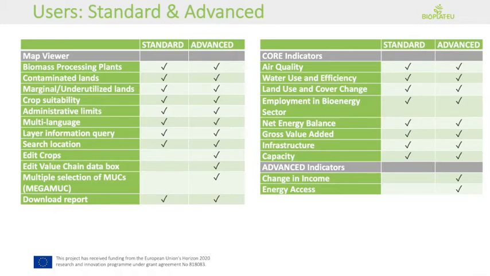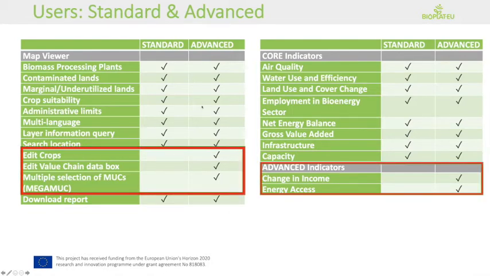The standard user has access to visualize all the layers, consult spatial information, and calculate the core indicators. The advanced user requires registration, inherits the characteristics of the standard user, and in addition is able to edit values of the value chain database, edit custom crops, and define the biomass processing site based on the selection of multiple MUs, as well as the calculation of the advanced indicators.